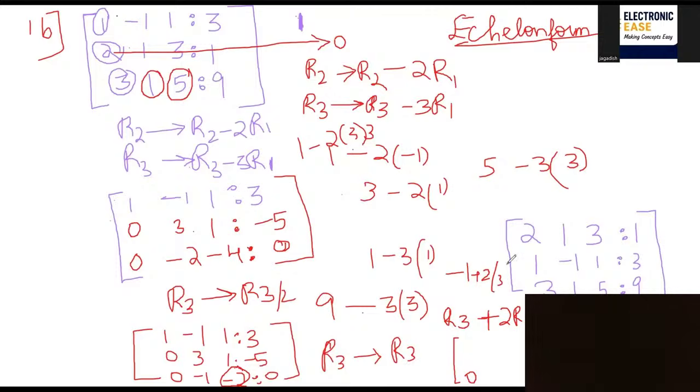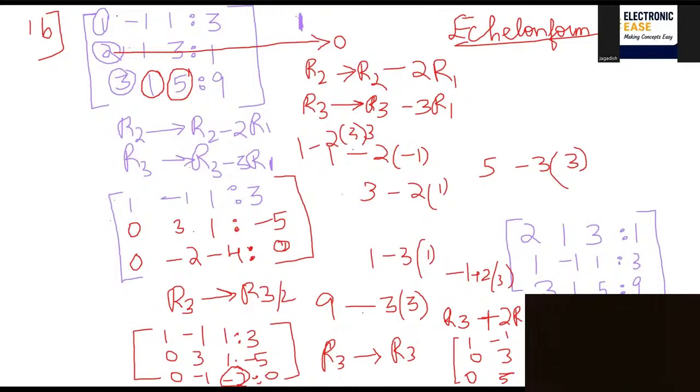So I will be getting 5 here. This 5, this will become 0, because minus 2 plus 2 into R1 will be 0. So 0, 3, 1, minus 5. 1, minus 1, 1, 3.